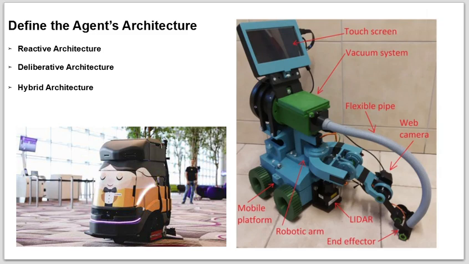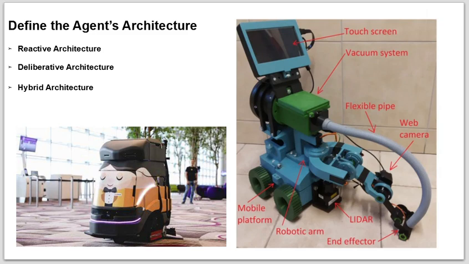The agent analyzes the environment, uses its memory, and plans a sequence of actions to achieve a goal. This is ideal for tasks requiring complex problem solving. Example, a cleaning robot maps the house layout, identifies dirty areas, and plans an efficient cleaning path before starting. Then we have hybrid architecture that combines reactive and deliberative elements for efficiency and adaptability.